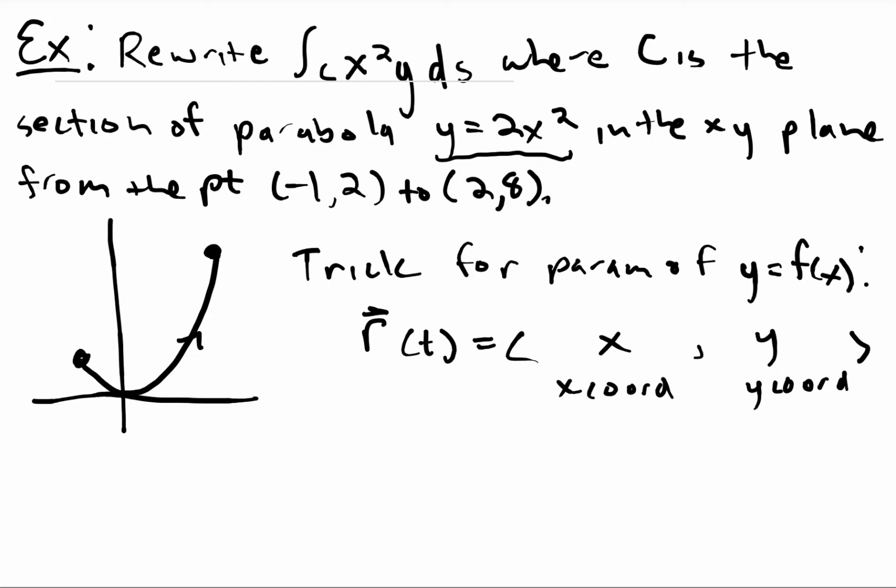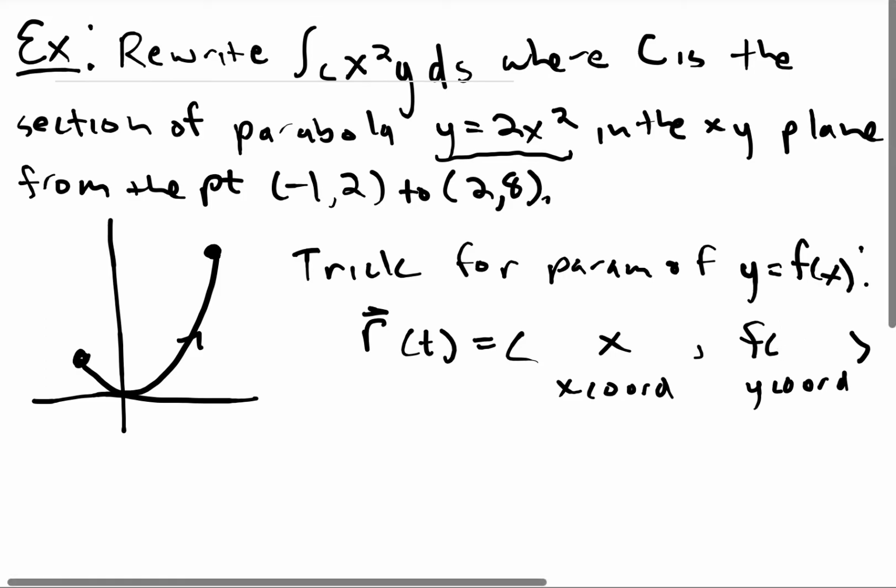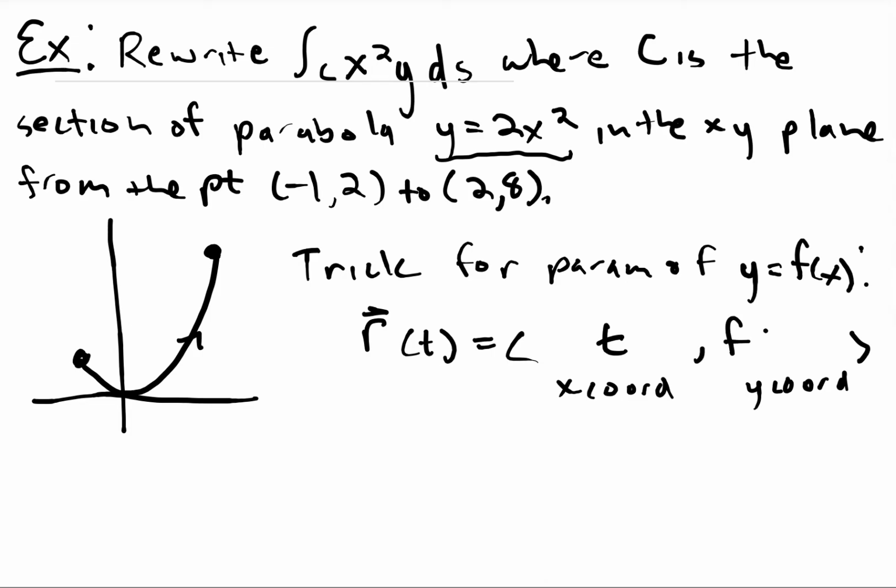Instead of x comma y, we know that y is really equal to f of x, so let's use f of x in its place. That gets rid of one of my variables that I don't want, but I still have this pesky thing in terms of x, so let's not use x. Instead of x comma f of x, let's try t comma f of t. It's the same pattern, but it puts us in terms of the correct variable.